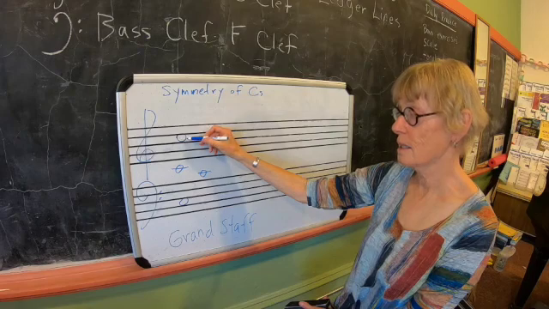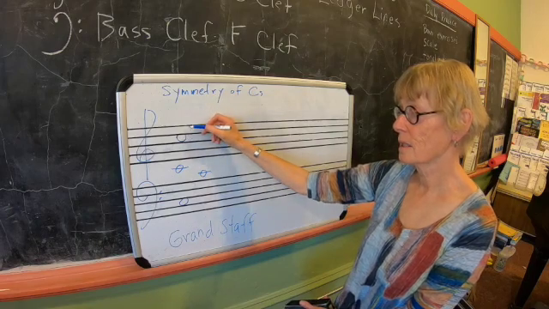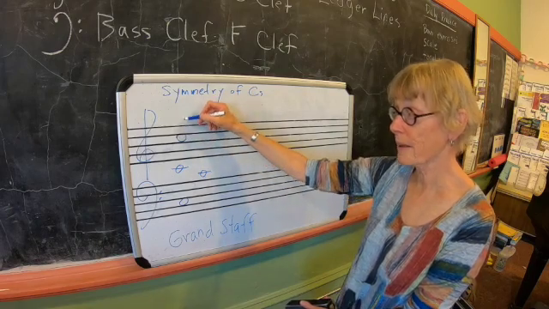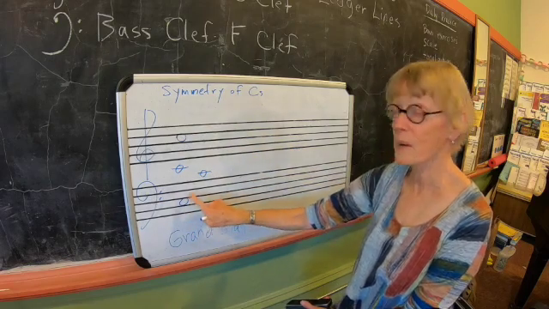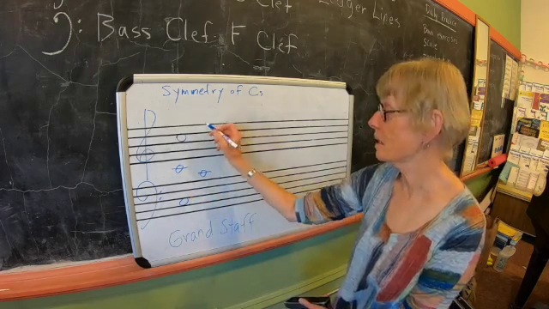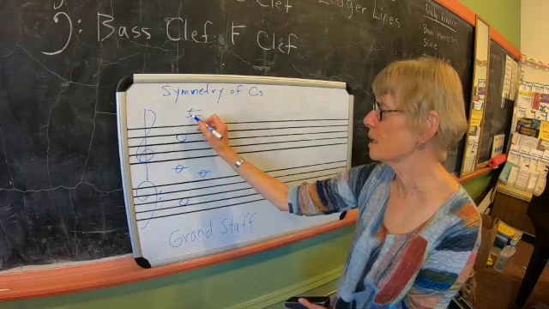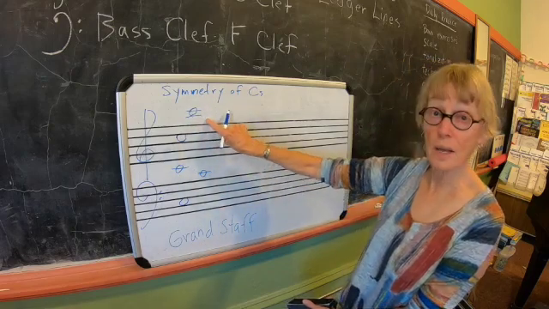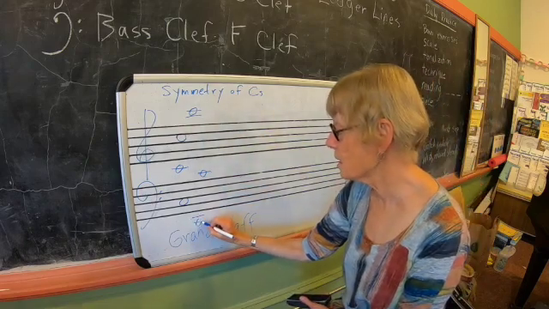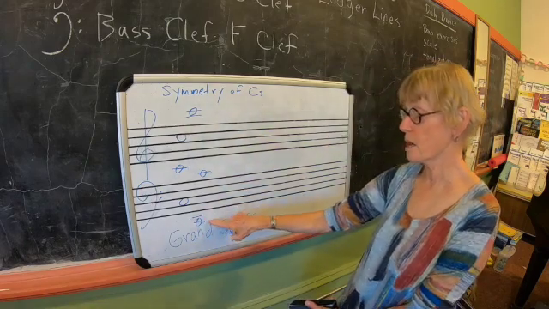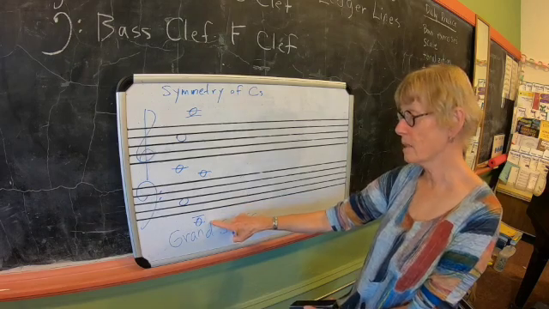This C is 2 spaces away from the top. This C is 2 spaces away from the bottom. The next C, it's very cool to see, is 2 ledger lines to the top, and the low C is 2 ledger lines below the bass staff.